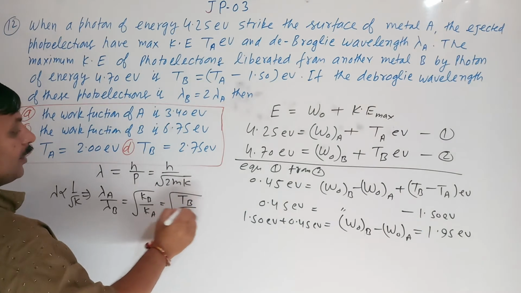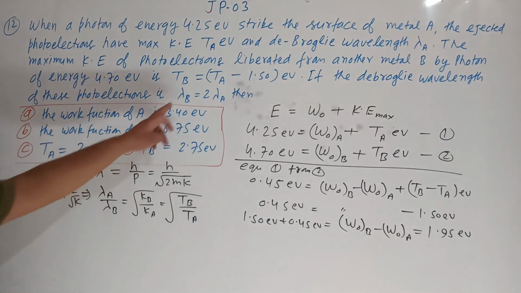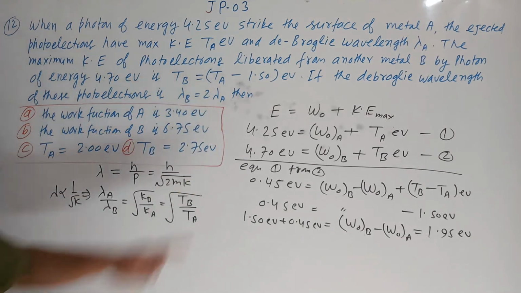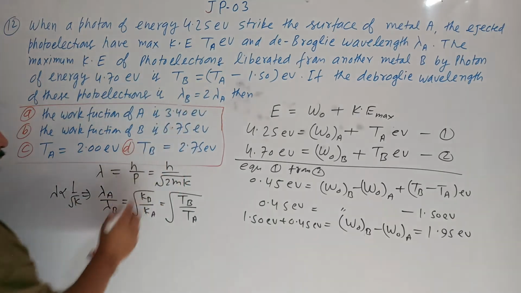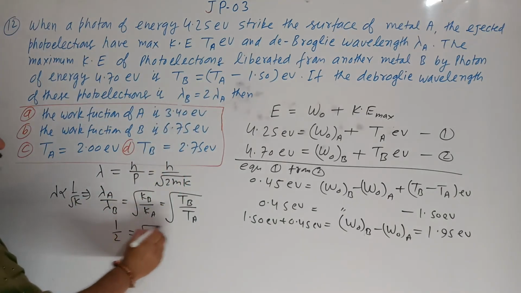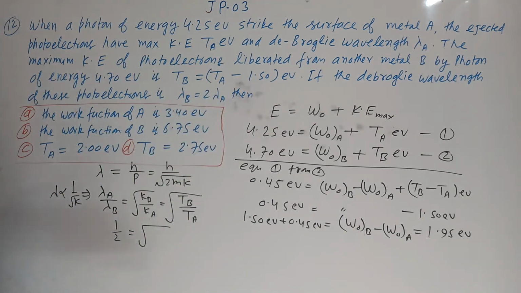So this is TB upon TA. Lambda B is equal to 2 lambda A, so lambda A upon lambda B is equal to 1 by 2 is equal to under root TB upon TA.